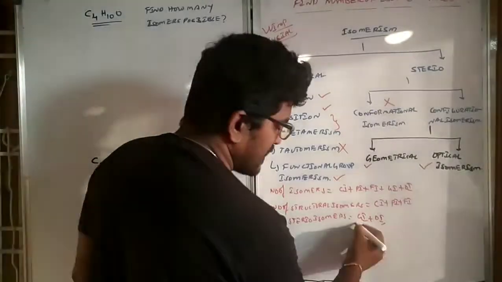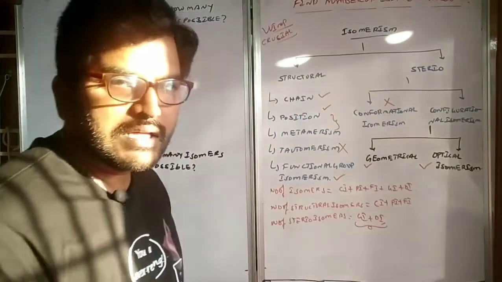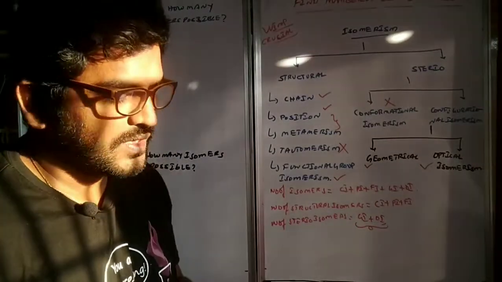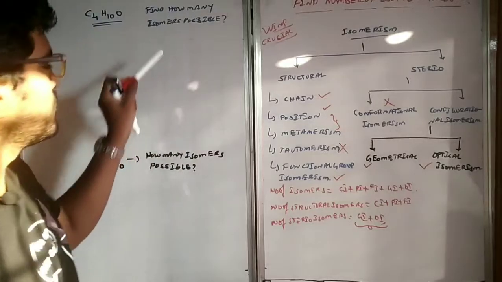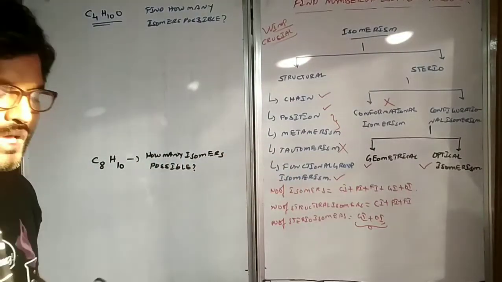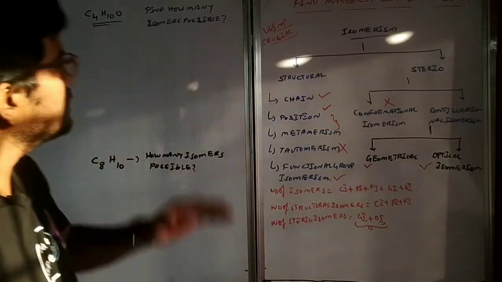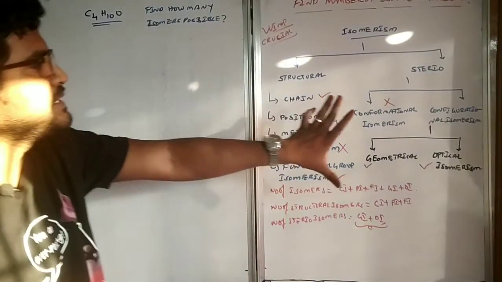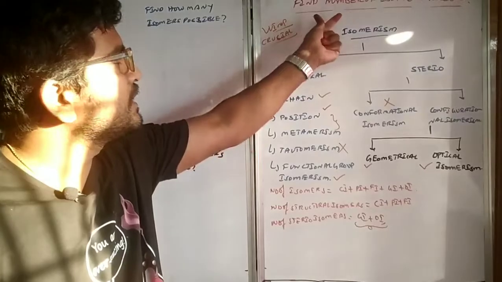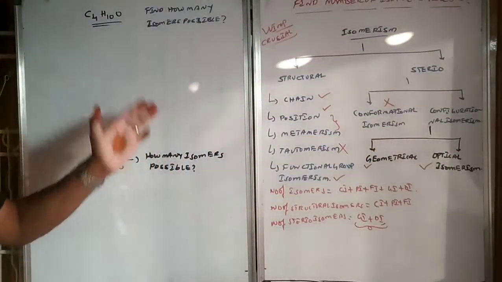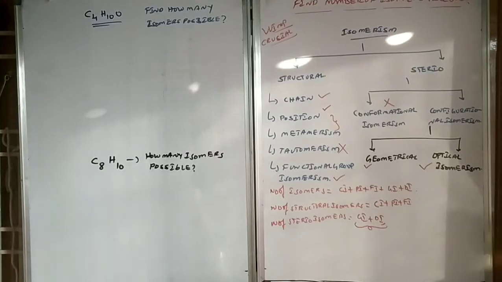How to find the number of geometrical isomers and optical isomers I will also explain in a separate video. For this video, when they give you the formula, how to find the number of isomers, that much we will see. This is the basic thing you should know before finding the number of isomers possible for a compound. Now let us see how to find isomers for these two formulas.